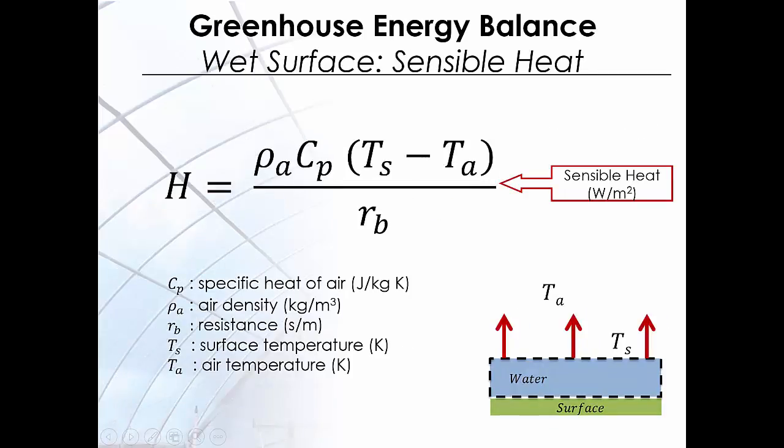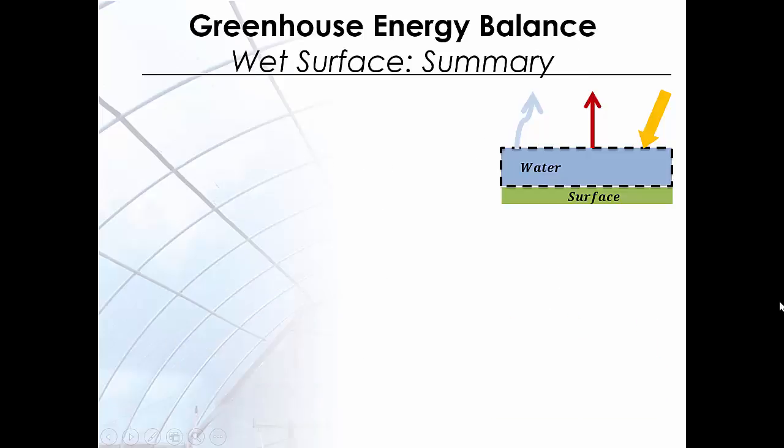The sensible heat component of the water vapor balance from wet surfaces can be calculated using the following equation, which is also dependent on the temperature difference between the surface and the surrounding air. The other variables involved in this analysis are the specific heat of the air, represented by Cp, air density, and also the resistance against the water evaporation or diffusion into the air.